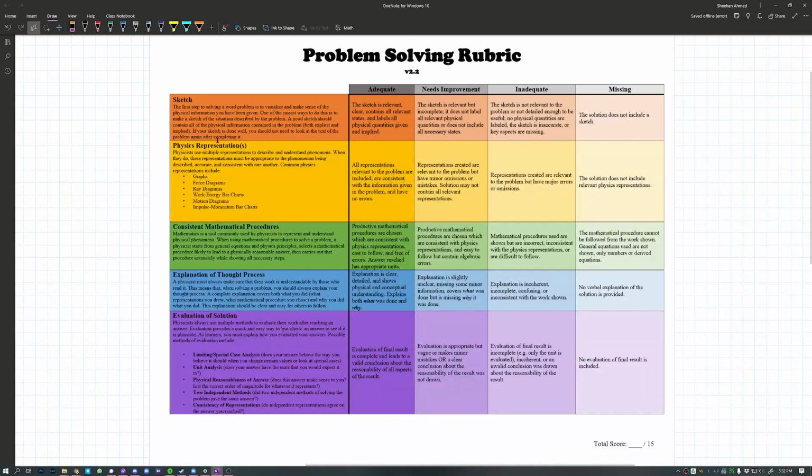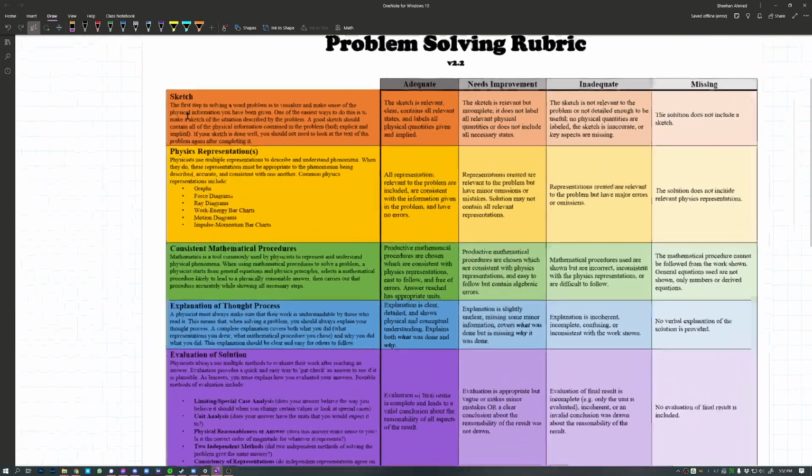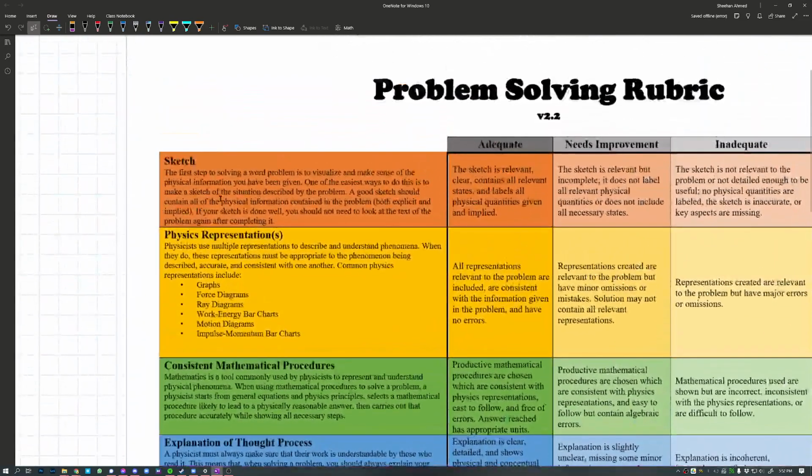So how do we approach problems? First step is sketching. The first step to solving a word problem is to visualize and make sense of the physical information you've been given. Since I can't read your mind yet, I would like you to show me what you're visualizing in your head.